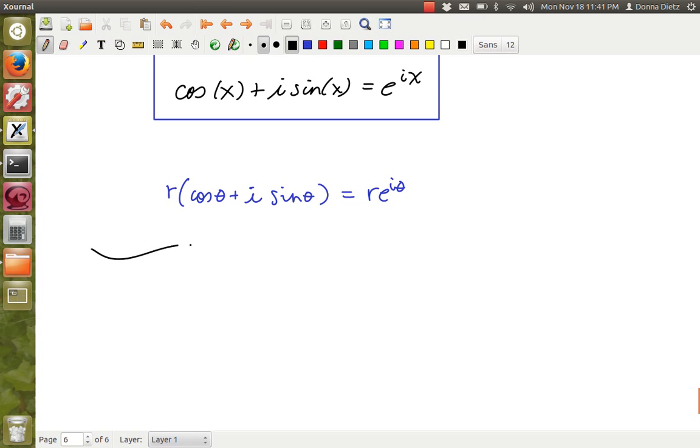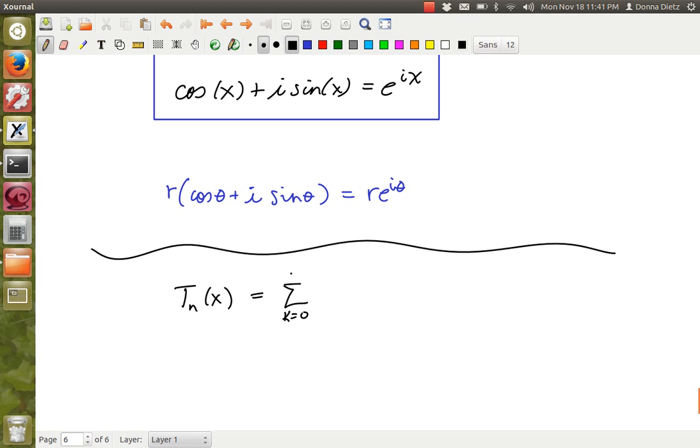While we're giving definitions, the nth Taylor polynomial is the sum, k equals 0 to n, of all these pieces put together. Where have we seen this before?